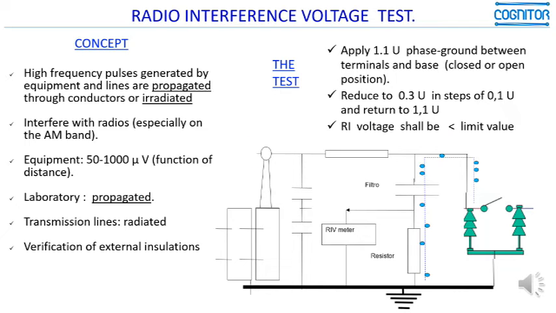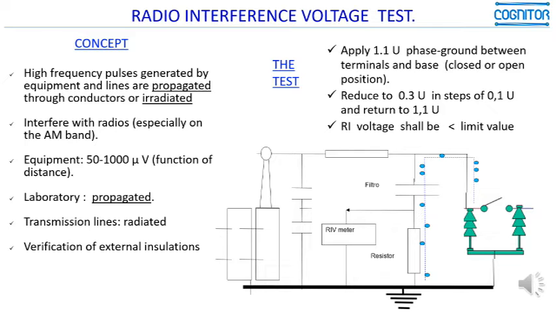And here we have another situation which is related to the radio interference voltage test. When you have one equipment which is energized at a certain level, a little bit higher than the rated voltage or the maximum voltage of the system, some high frequency pulses are generated by the equipment or lines, and they are propagated through conductors or maybe irradiated.